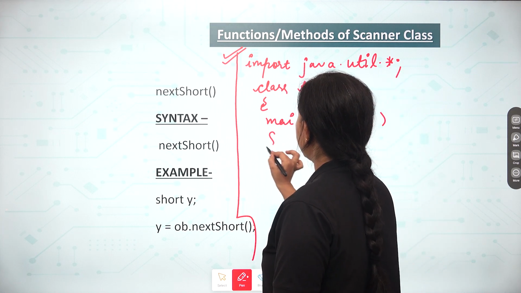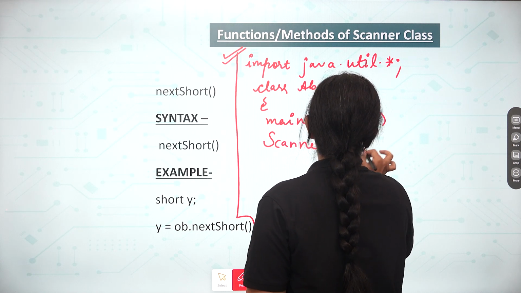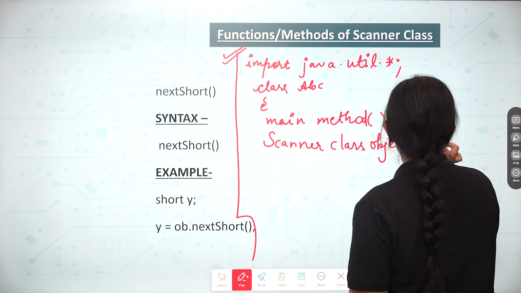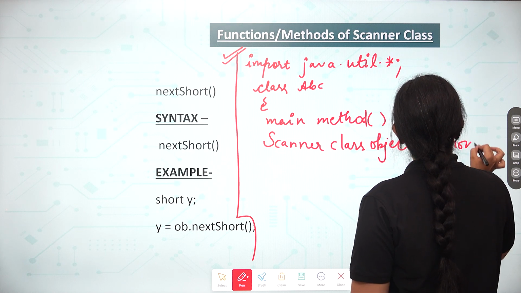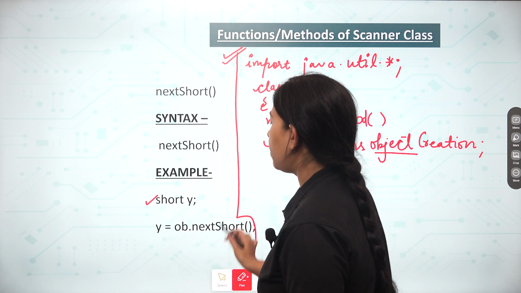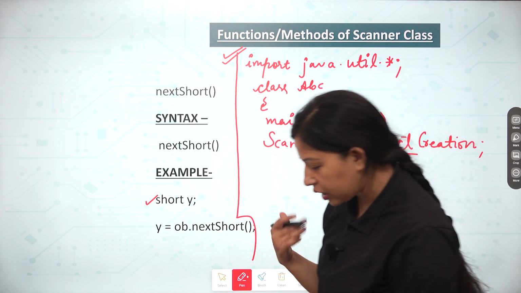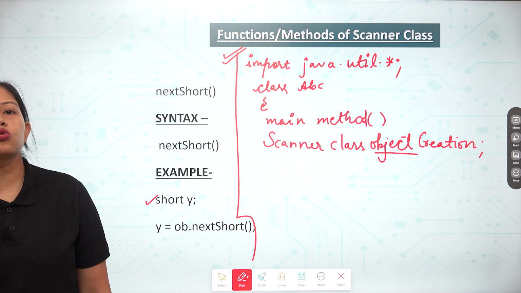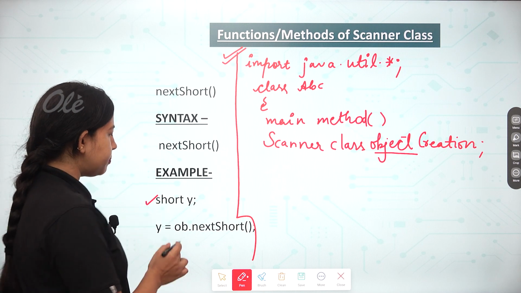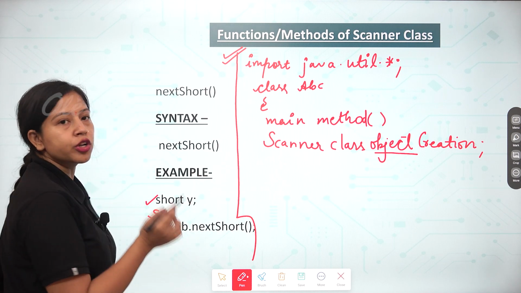Then we create the scanner class object. Alright, scanner class object we are creating. And after that, with the help of that object, you can simply define y and you give a message to the user. Until you give a message to the user, how is the user going to understand what is to be entered? So please remember this thing. Whenever you ask something, please mention it just before storing that number.